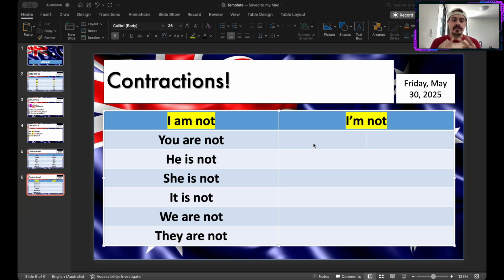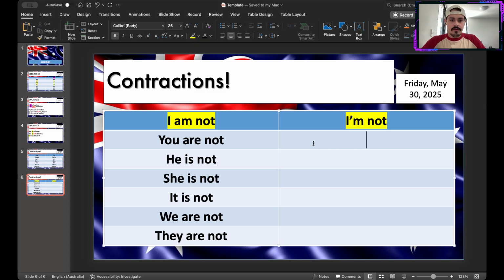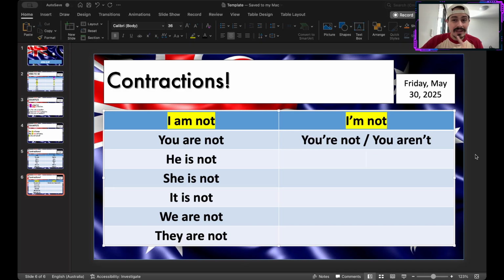But you are not, he is not, she is not, it is not, we are not, they are not, we have two ways to contract them. So we can say you're not or you aren't. Just remember, both ways are correct. You can use whichever you want.